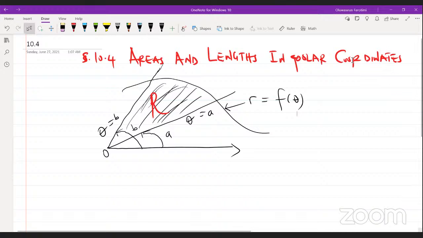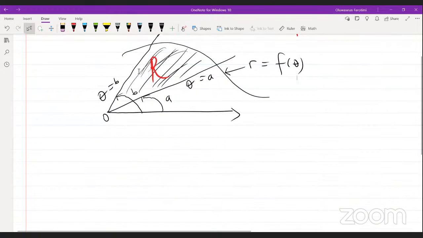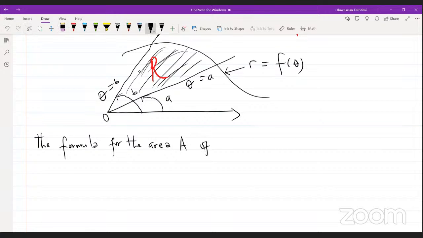I'm not going to go into theories here. You can look at the Stewart textbook for the theory of this part. But the formula I want to write is based off the idea of the Riemann sum, area under the curve, those things that you studied before. We discussed them extensively in other sections.